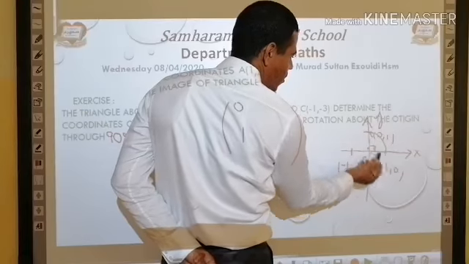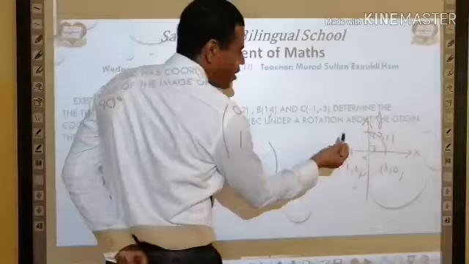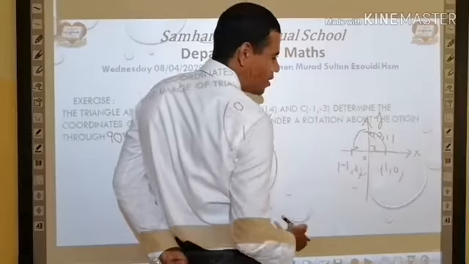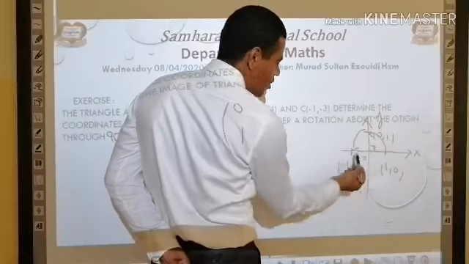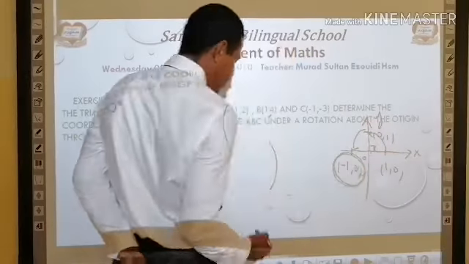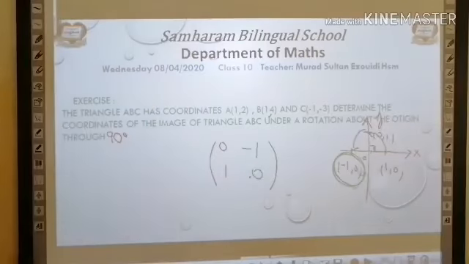And this is the center. So the coordinates of 1, 0 will be 0, 1. Then this is the next point. I will rotate this one here, my kids, 90 degrees anti-clockwise about the origin. The image will be negative 1, 0. So this one, my kids, is your matrix for rotation 90 degrees anti-clockwise about the center of the rotation, which is the origin.